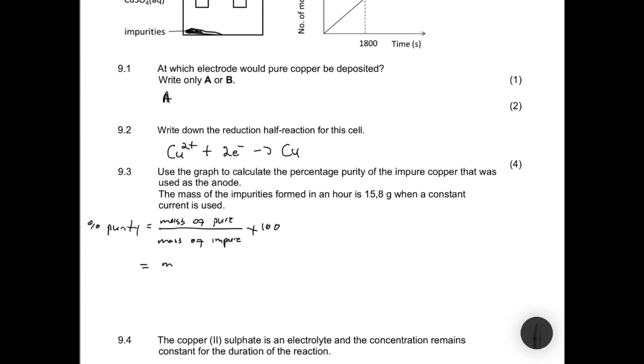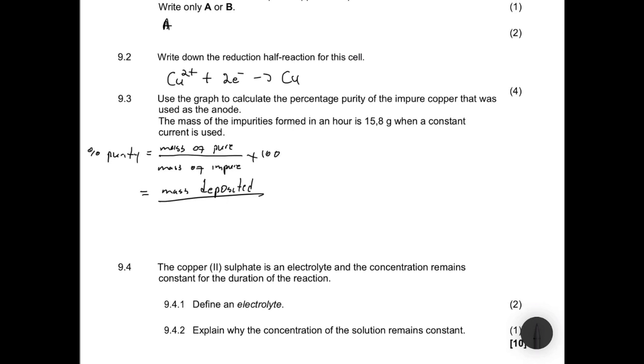So here we're gonna have mass deposited, and then the mass of impure will be mass deposited plus the impurities that are left behind, right? So here we have mass deposited plus the mass of the impurities, multiplied by 100, because we have this chunk of an impure sample, and then some of that amount gets deposited at the cathode, so we know that that amount is pure.